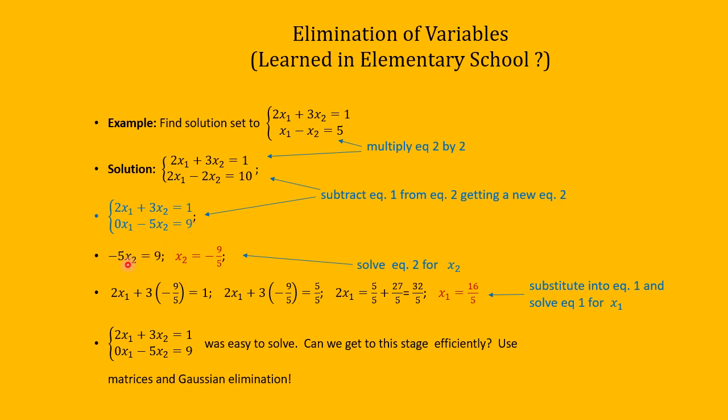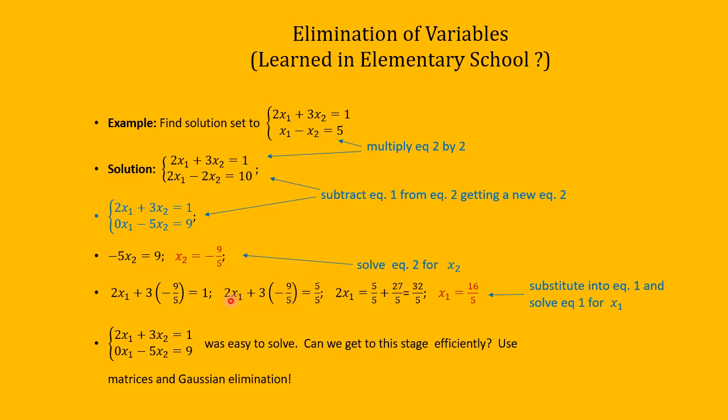So x sub 2 equals minus 9/5. Then we can substitute this value of x sub 2 into, let's say, this first equation and solve for x sub 1. 2x sub 1 plus 3 times minus 9/5 equals 1. Let's change this 1 to 5/5, so we can write that equation this way.